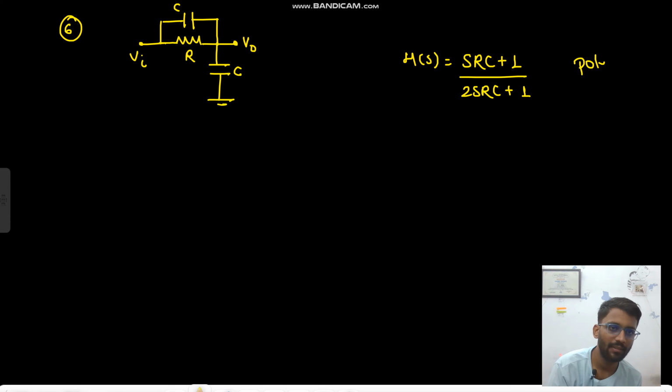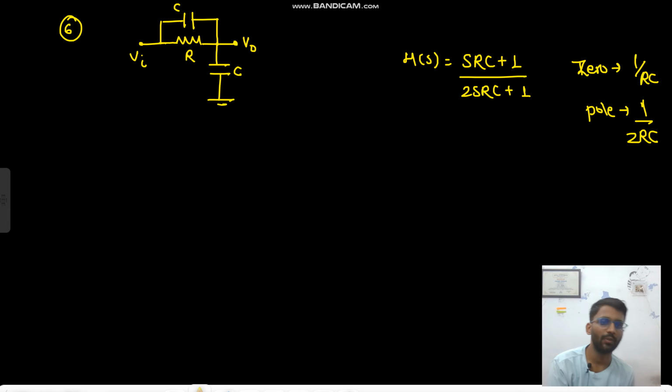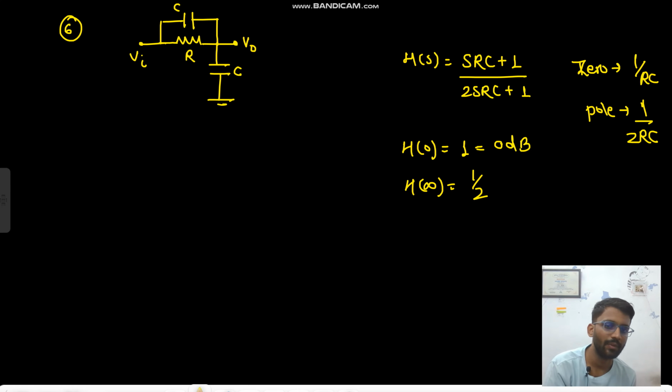The 0 is at 1 by RC, and your pole is at 1 by 2 RC. So your pole will come first and the 0 will come later on. H of 0 is 1, which means 0 dB, and H of infinity is 1 by 2, which means minus 20 log 10 2 dB.